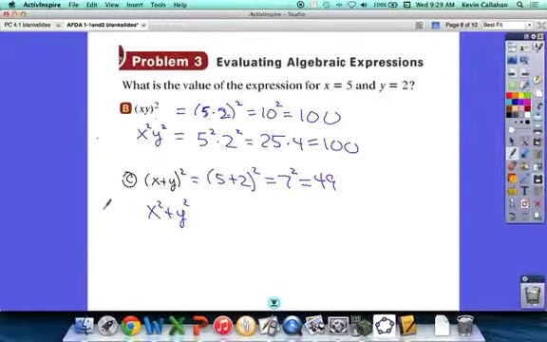Remember that when you have a square, it means multiply that thing by itself. And (x plus y) times (x plus y) is a FOIL. It's not just x squared plus y squared. I mean, see what happens if I plug in 5 squared plus 2 squared. I get 25 plus 4, which is 29.